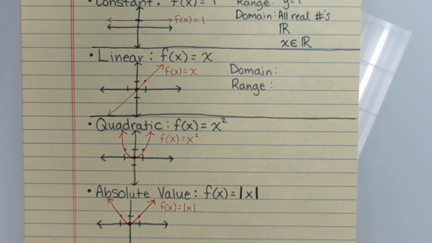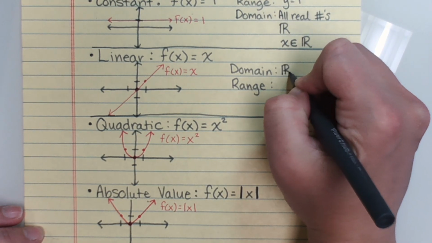The graph exists everywhere left and right. Everywhere meaning all possible numbers, also known as all real numbers. I don't care which version of all real numbers you write. Most people write this one.